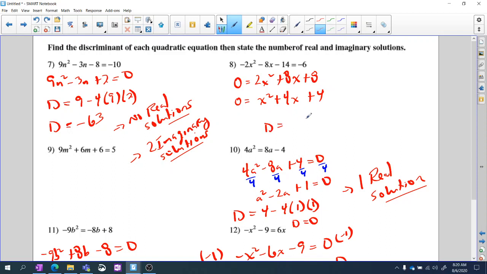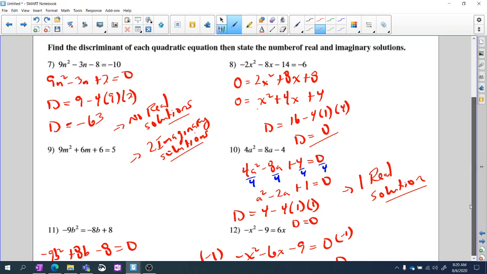So the discriminant would be b squared, subtract 4 times a is 1, times c, which is 4. My discriminant is 0, same as these ones down here. I was hoping to find one of them that would have given me some positive value. Let's do one that I know will work.